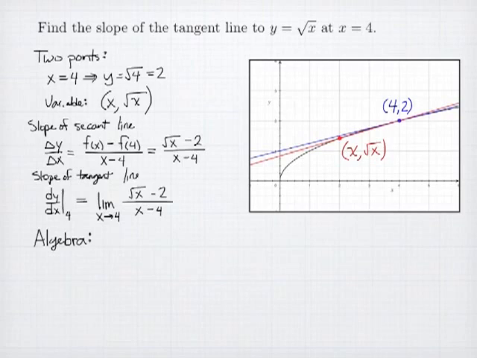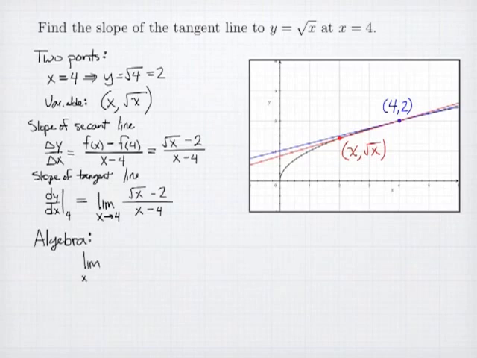Notice right now, if we plugged x equals 4 in, if I were to take the square root of 4, I get 2. 2 minus 2 is 0. And if I plug in x equals 4, 4 minus 4 is 0, I get 0 over 0. That's not defined. And so my limit is indeterminate. I need to rewrite it in a new form.